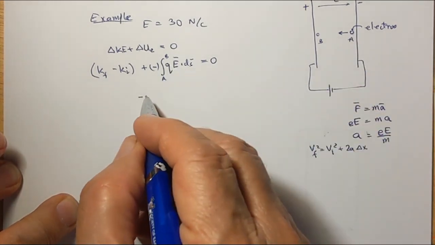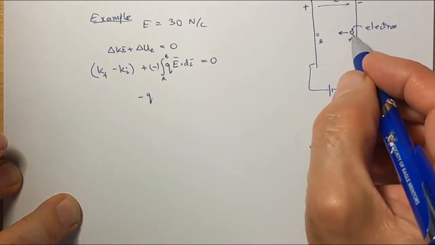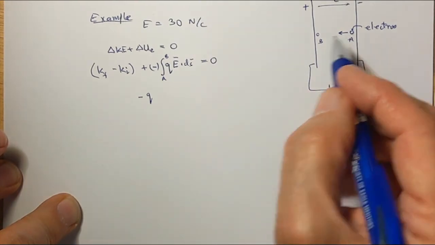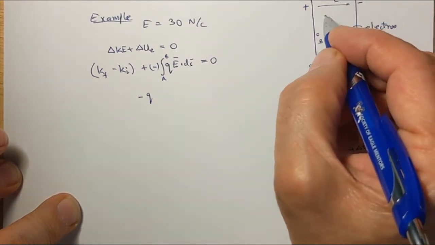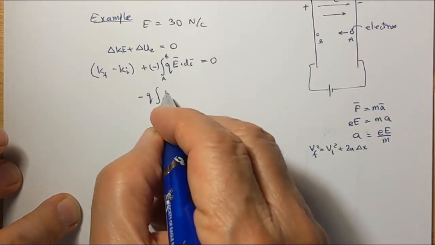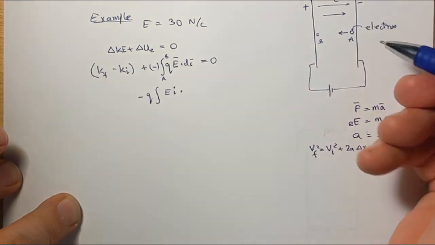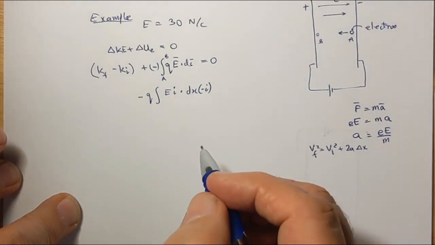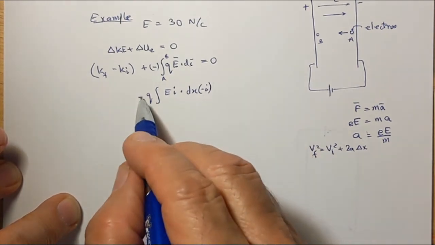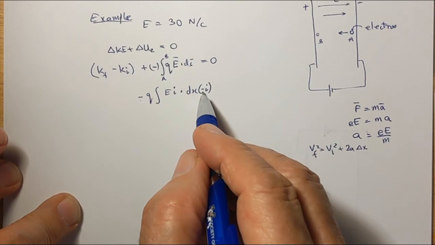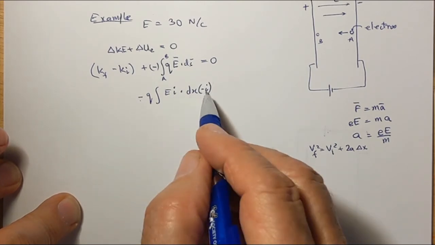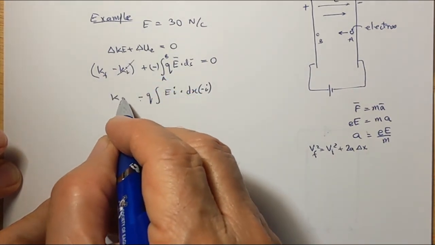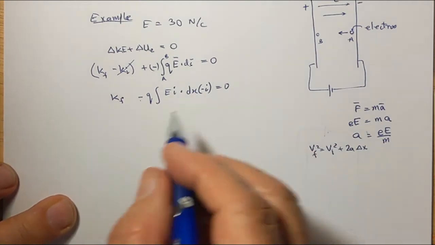The q is the charge of the electron, and the electric field is in the positive direction, so it's E i, and the ds is from right to left, so that's a dx with a minus i. Now the negative with a negative makes a positive, and i dot i makes 1.